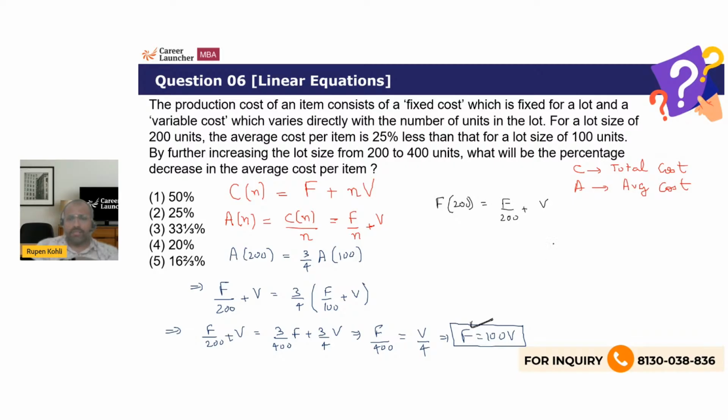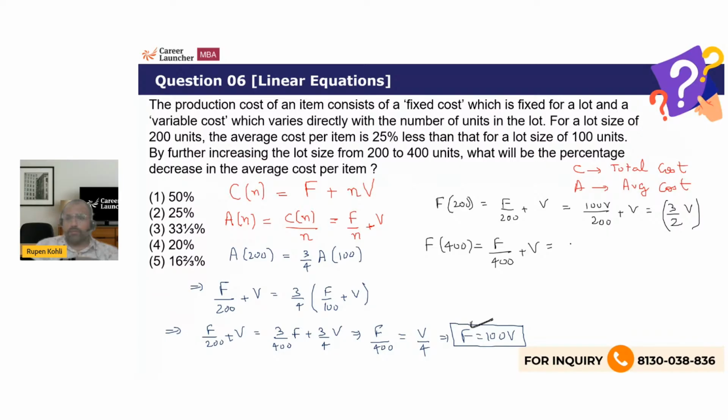And since f is 100v, so this becomes 100v by 200 plus v, or simply 3 by 2 of v, because this is v by 2 plus v, 3 by 2 v. This is what we get simply. A of 200 is 3 by 2 v. Now we can work on A of 400, right? Which will be f by 400 plus v.